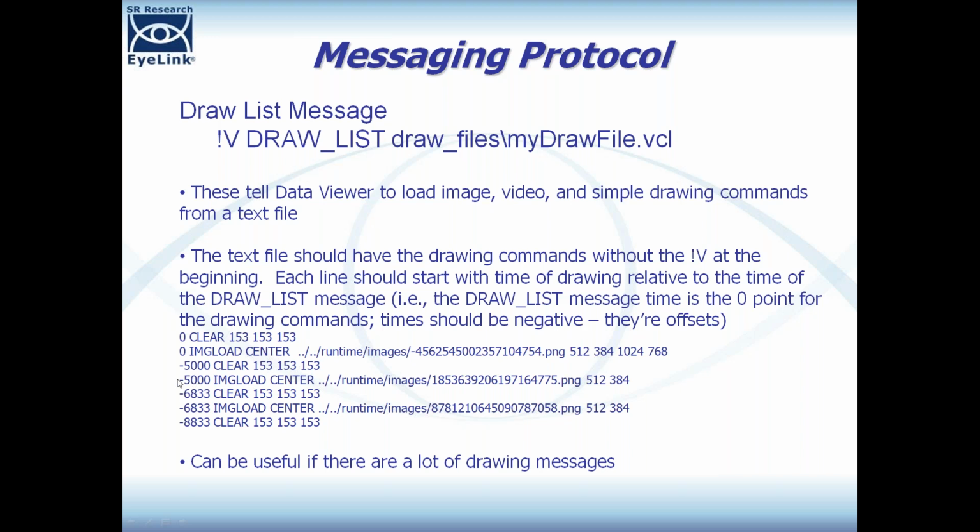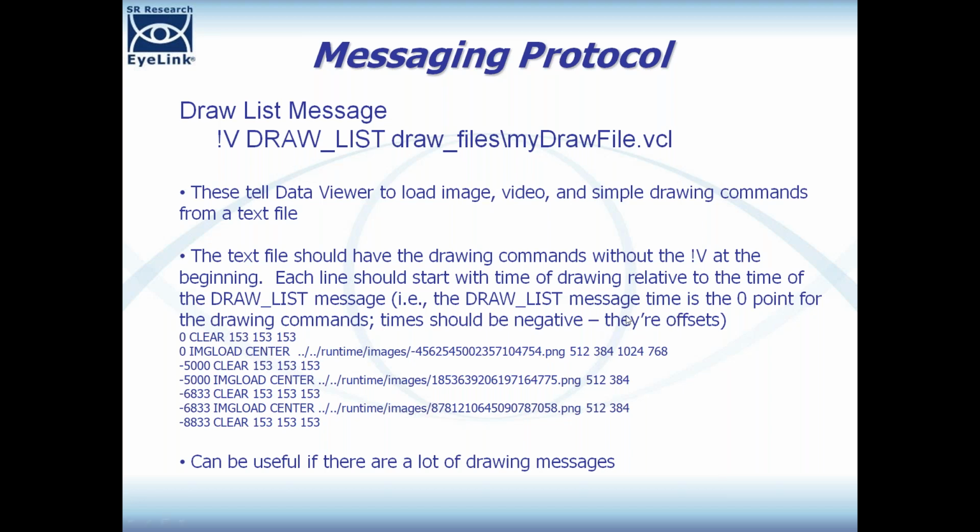One thing I should point out, note these numbers, see how they have a negative value? Negative means in the future compared to the 0 point. If you had a positive value here, it would actually move it backwards in the past, and that's not usually what you want to do. You would usually have them in order of presentation.